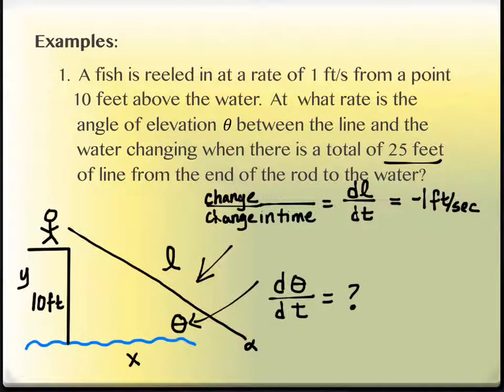We could also talk about, if it related to what the question's being asked, there would be a dx dt. Obviously, this length is changing, right? It is definitely changing as this fish gets reeled in. The 10 feet does not change, though, right? It's a constant. So even though I put the y here, I don't want to use y in this equation that I'm about to set up at all, because this is a value that does not change.